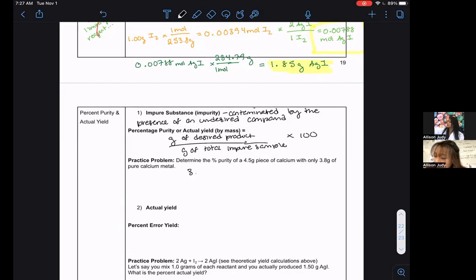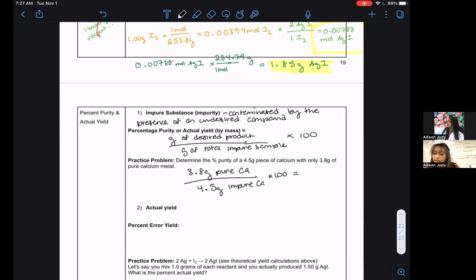Well, I have 3.8 grams pure desired product, pure calcium. And I started with a sample, impure, mixed with contaminated, other undesired compounds, of 4.5 grams of impure calcium, times 100.